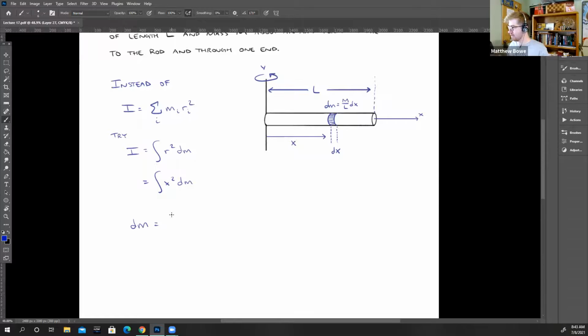Density in 3 dimensions is mass over volume. For linear density, we have this lambda, which is mass over length, times dx.